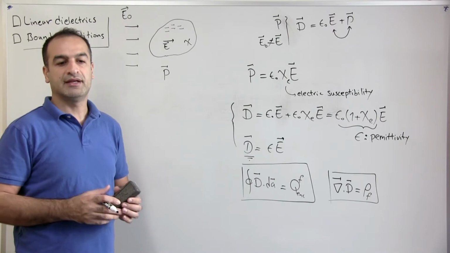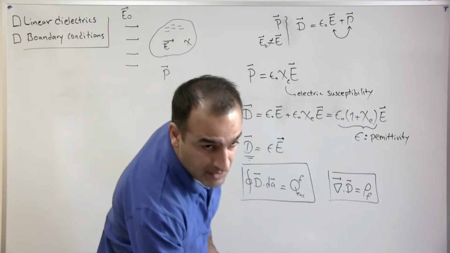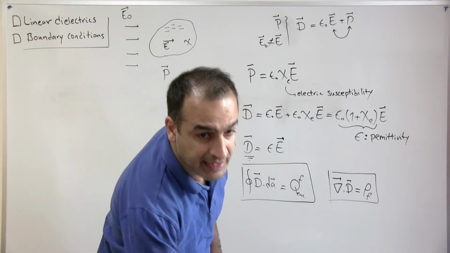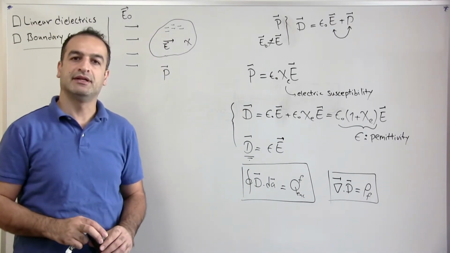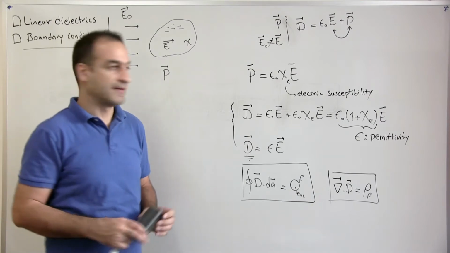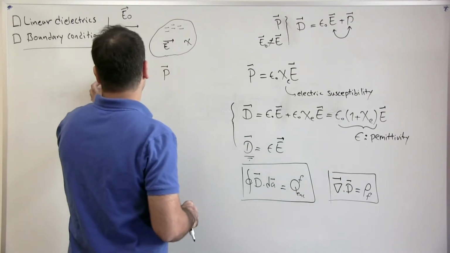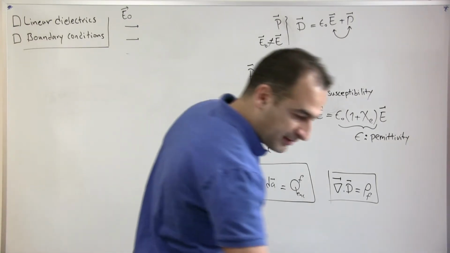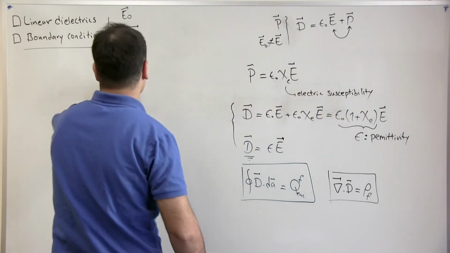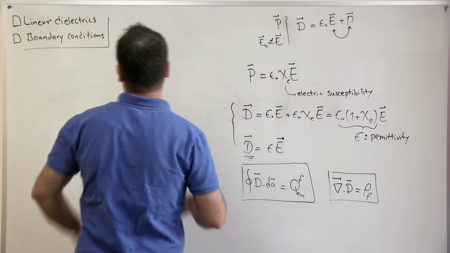And from that I can calculate electric field as well as the electric polarization. Okay, so let me get rid of this. And by the way, what I'm doing now is example 4.5 in chapter 4.